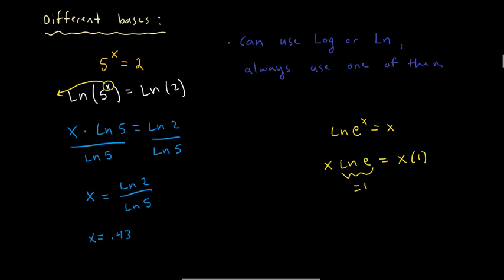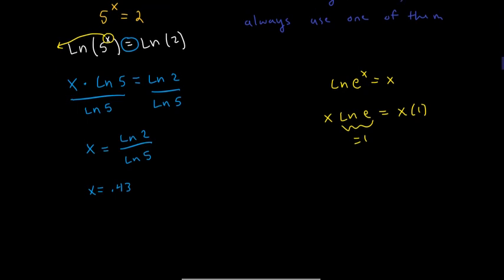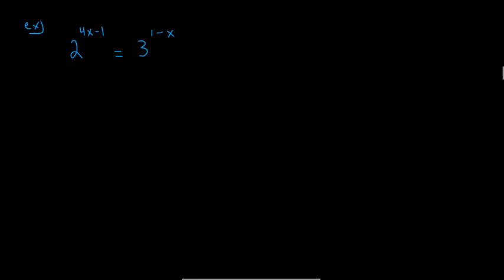And so you can always do that to pull exponents down in front. So maybe we'll try another one using this technique of applying a logarithm to both sides. Again, algebraically speaking, we're maintaining the sanctity of our equal sign by natural logging both sides. They have different bases, and there's not really any way for me to change those bases so that I could just solve for the exponents being equivalent.